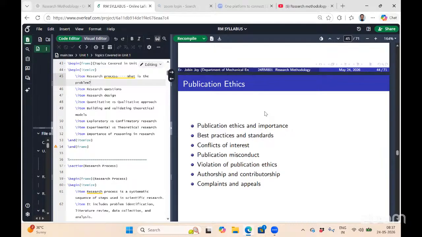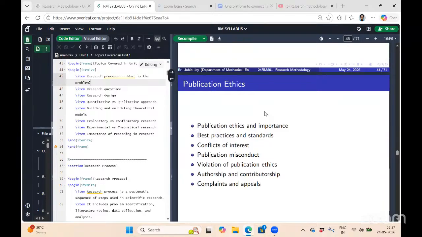So this is the difference between authorship and contributorship. Those who contributed significantly to the research, you have to give authorship. Contributorship means additional contributors who supported your research. Only genuine contributors should be listed as authors. For example, a person who performed data analysis and manuscript writing deserves authorship.